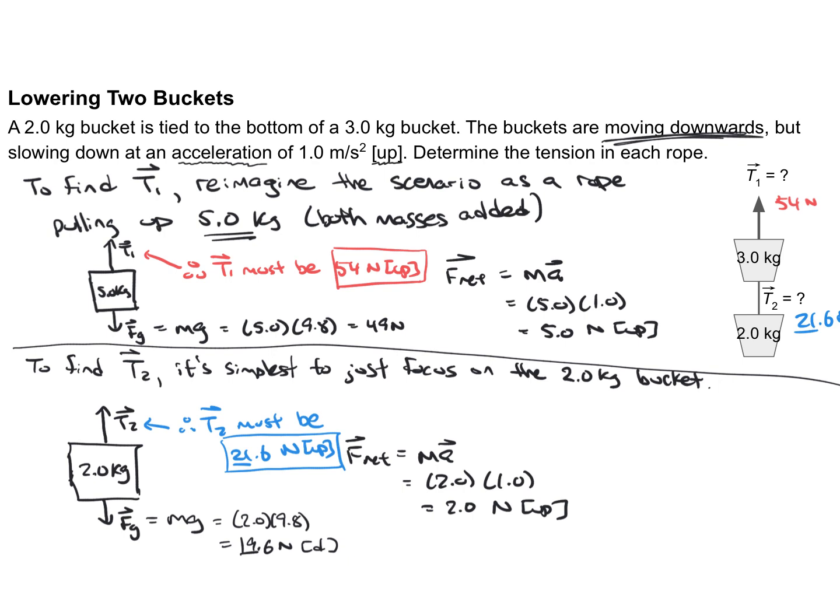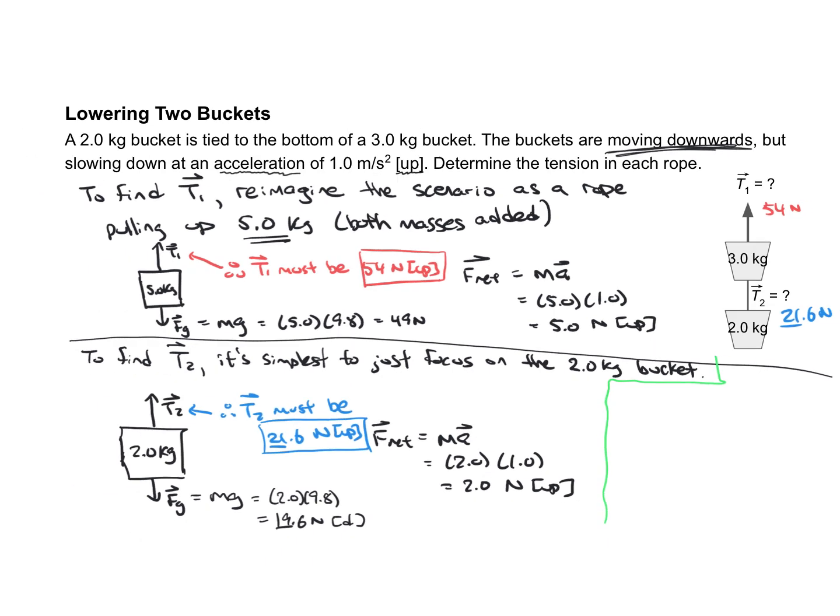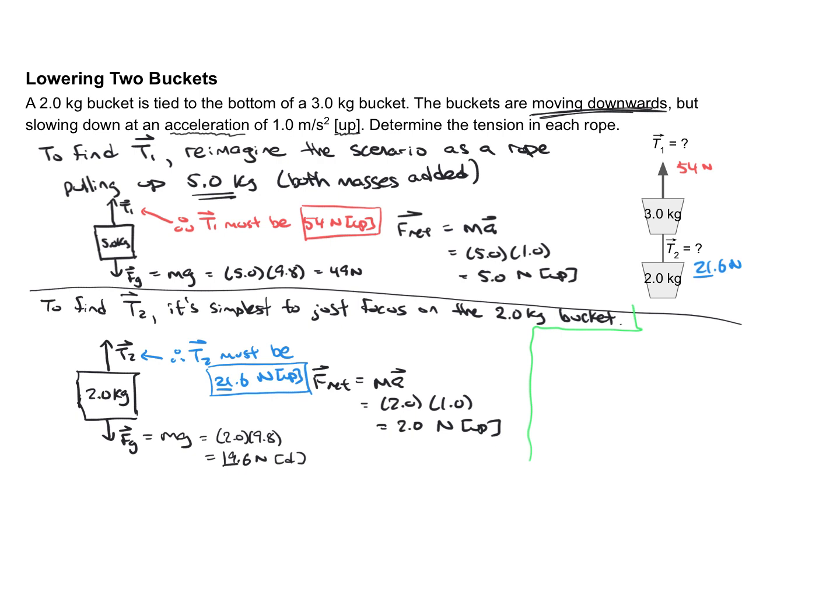I can do a little check here, actually. I'll spend the time to do a little check. I looked at the 2 buckets together. I looked at just the 2 kilogram bucket by itself. Now I'm going to look at the 3 kilogram bucket by itself. With the 3 kilogram bucket, this is actually more complicated. There are 2 ropes attached to it.